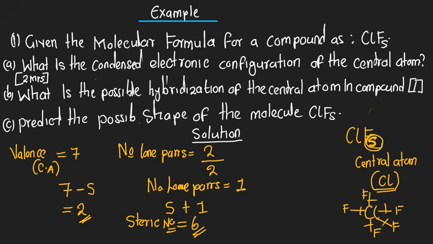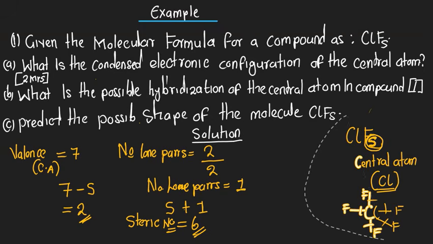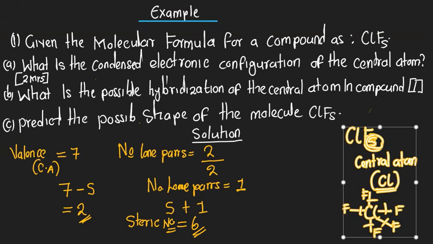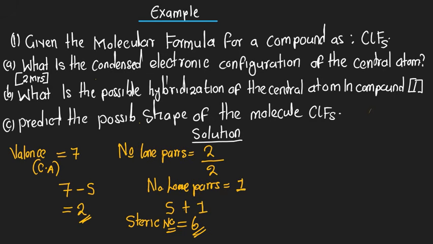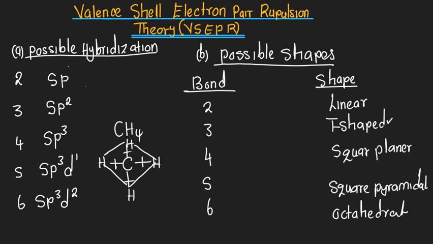Now, what is the importance of the steric number? After you find the steric number, look at how simple this is. You go to what we wrote here. Because the steric number was 6, the possible hybridization for this particular compound is sp3d2.